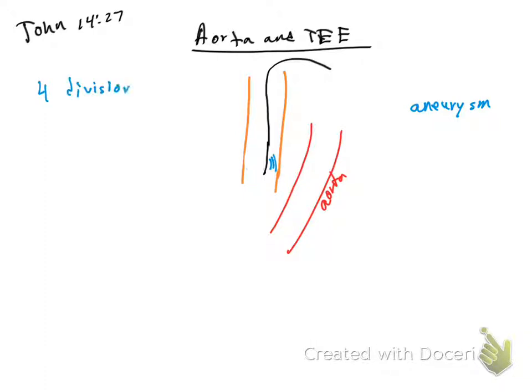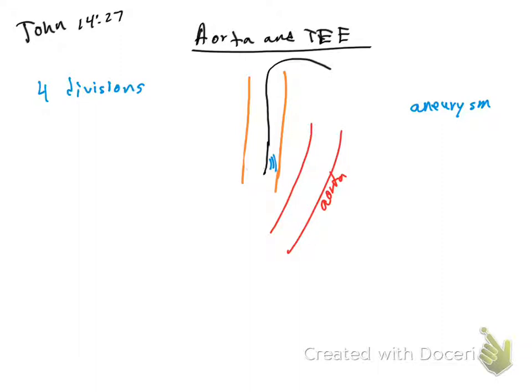As we already know, we have the ascending aorta, the arc of the aorta, the descending aorta in the thorax, and the descending aorta as well, but the one entering your abdomen.